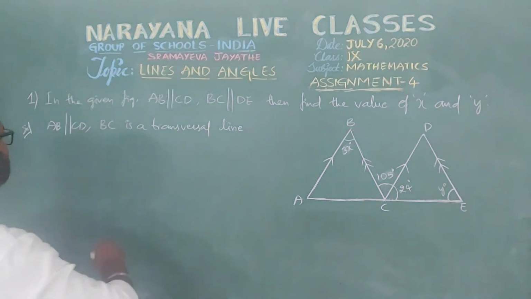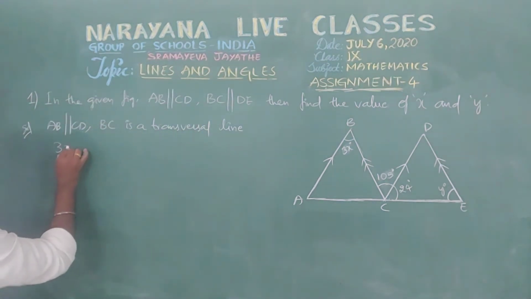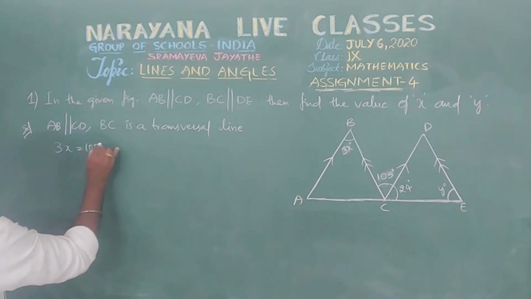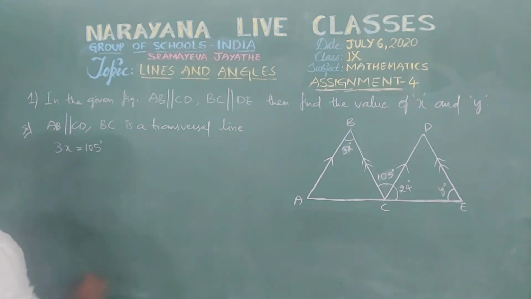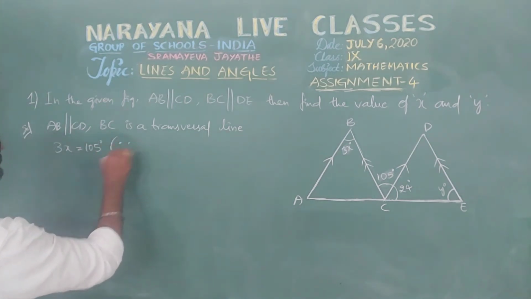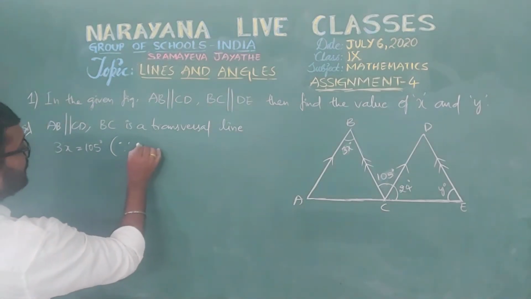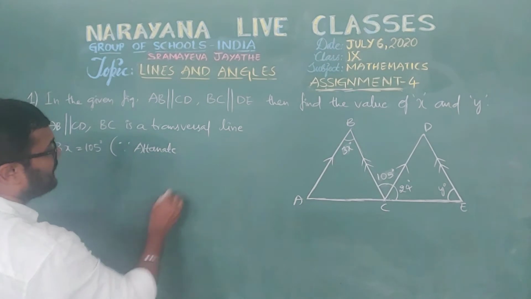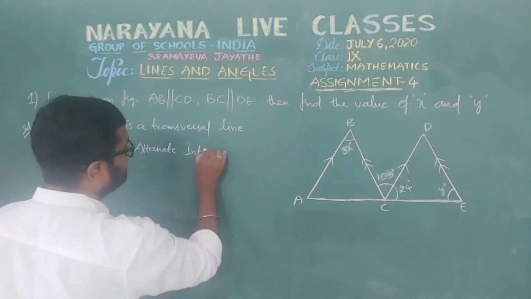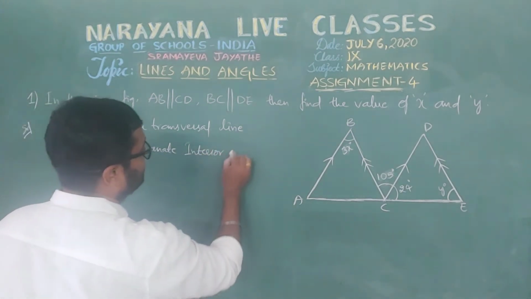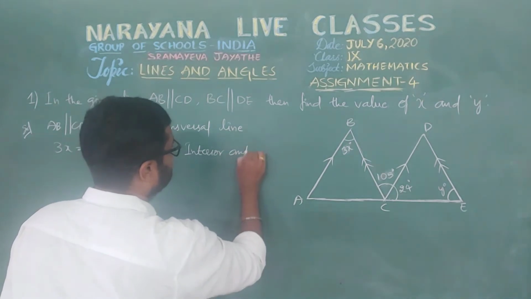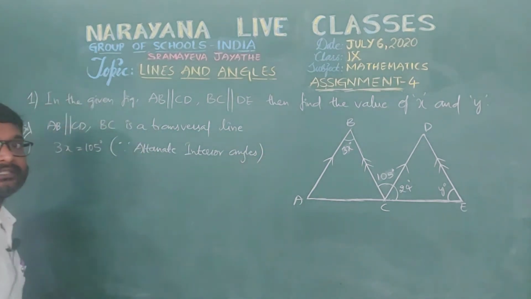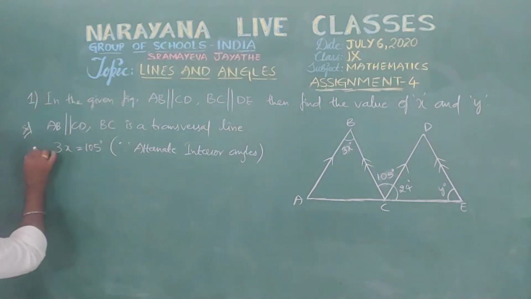So therefore here 3x is equal to 105 degrees, since being alternate interior angles, those angles are equal.